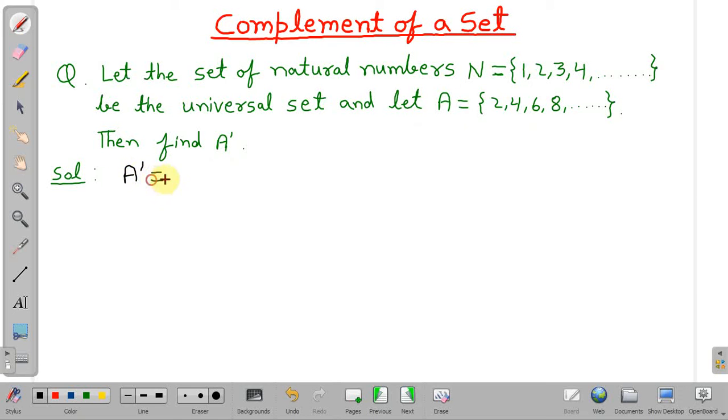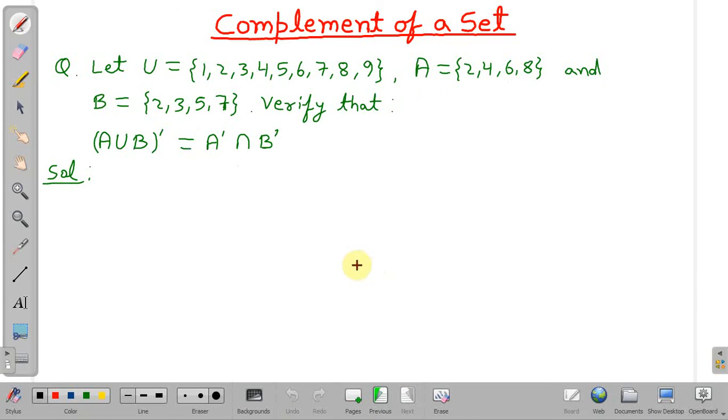As per definition, we know A complement equals universal set minus set A. And here our universal set is natural numbers minus A. Set A is given as the even number set, and if we subtract, we will get the set of all odd numbers. So it will be 1, 3, 5, 7, 9, and so on, all the odd numbers.